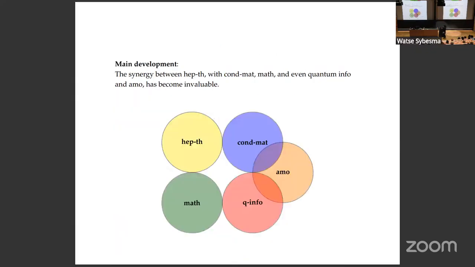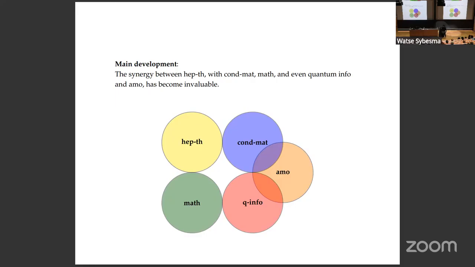Andre will not like this, because I think one of the most exciting things that actually happens in this field is that there's been an enormous, really stunning synergy between all kinds of fields that until a few years ago were relatively disconnected. High energy, condensed matter, math, quantum info, and AMO.